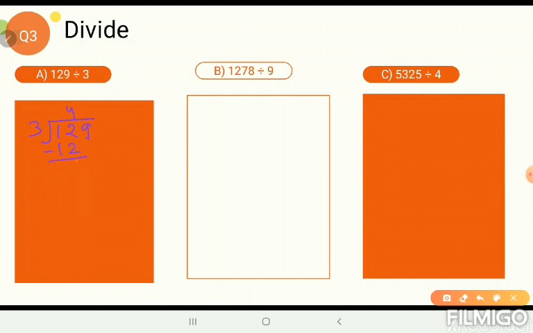When we subtract, I get 0 here. Then I bring down the next number, that is 9. Now in 3 table, 9 goes 3 times. So 3 threes is 9. Now subtract. 9 minus 9 is 0. So our quotient is 43 and our remainder is 0.